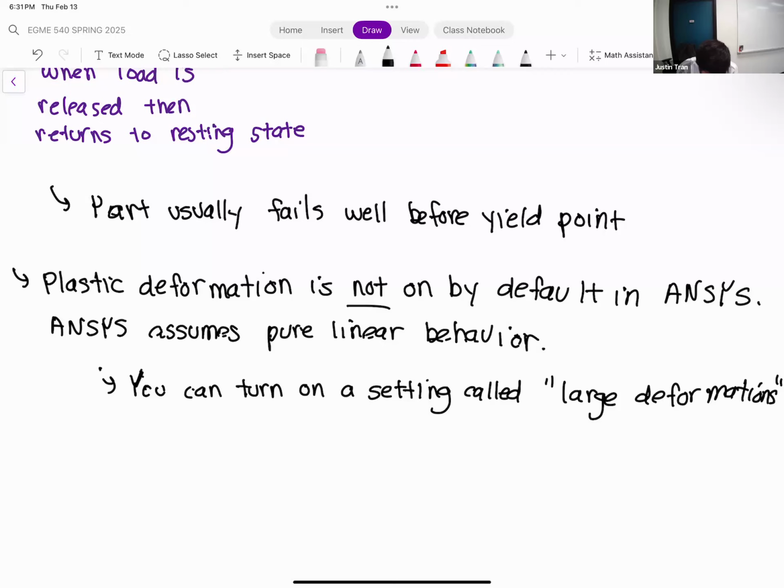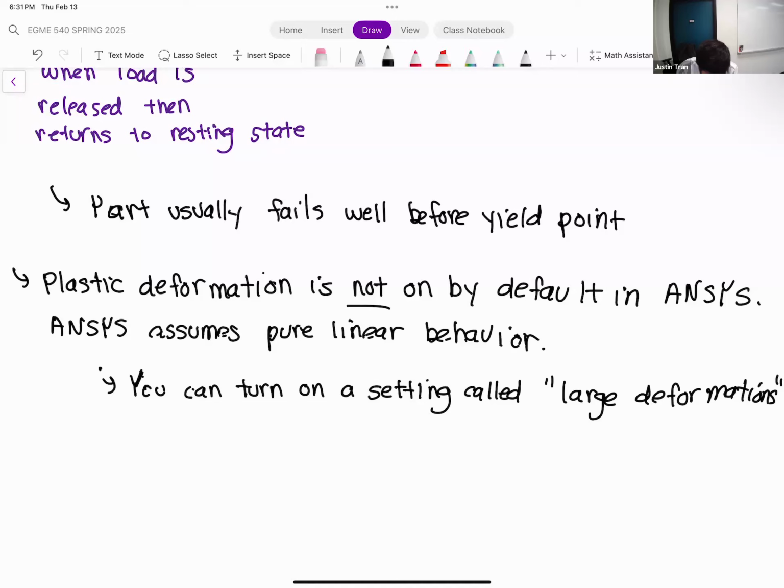So it's within the analysis settings. When you're opening ANSYS Mechanical, we haven't done anything with these settings, and so you may not have noticed it up to this point. But underneath the boundary conditions, there's a tab for analysis settings. There's a check mark there for large deformations.